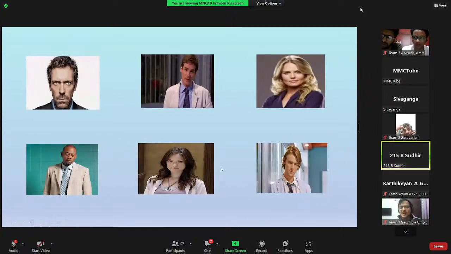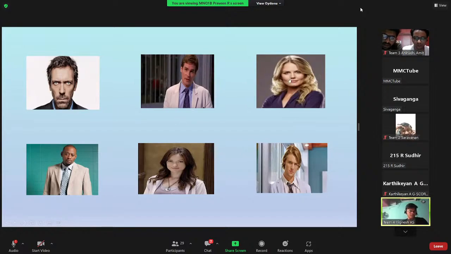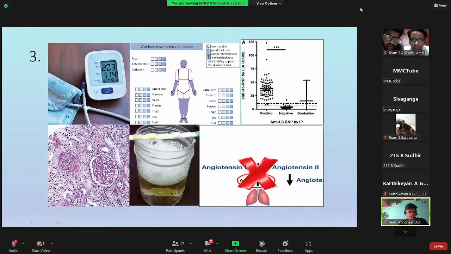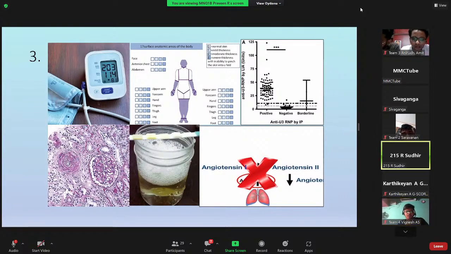Team 4, choose your hyperlink. House. Your time starts now. Bounce closes.